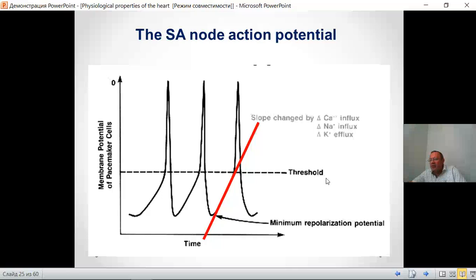The gradual depolarization of the SA node cells is called the pacemaker potential or the prepotential. The early part of the pacemaker potential is caused by a decrease in the permeability of the membrane to potassium ion. The late part is caused by calcium ion influx through the transient T-type calcium channels.